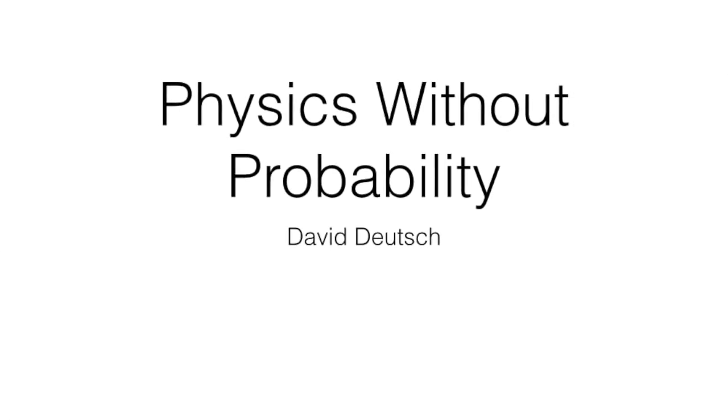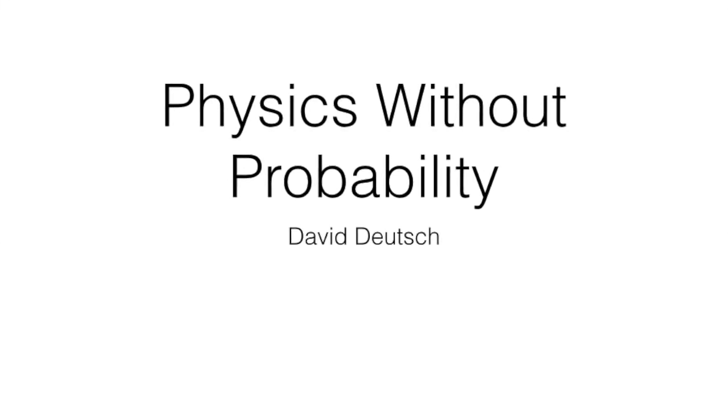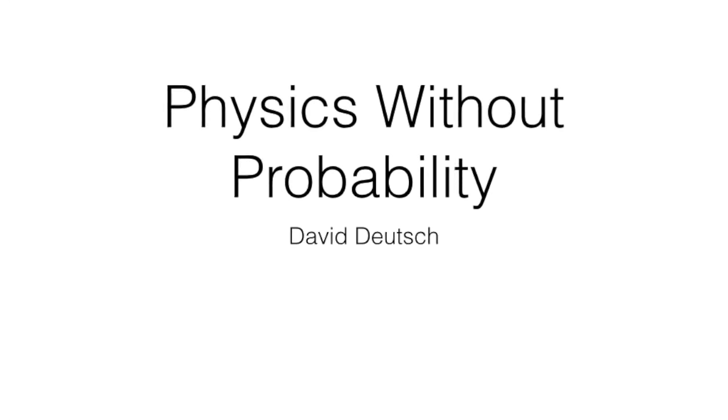In 2013, David became the lead researcher in a project on constructor theory, which we're about to hear more about, with Chiara, the postdoc. If you want to know more, you can talk to me, David or Chiara.